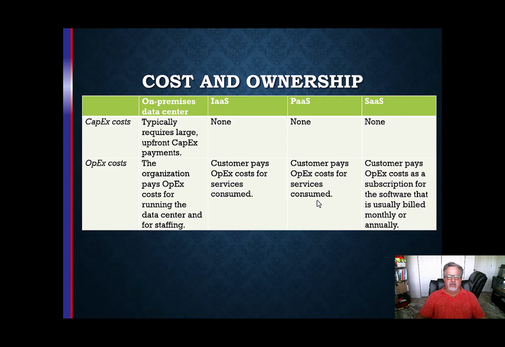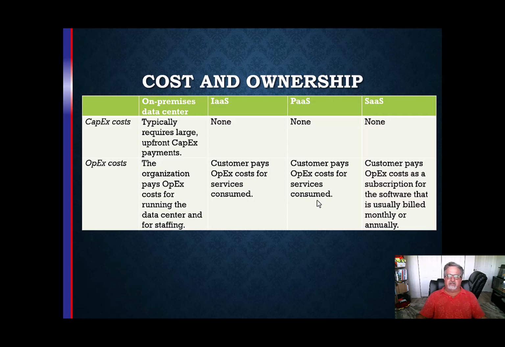Let's talk about it in terms of costs. CapEx versus operational expenses, or OpEx. So in an infrastructure as a service, and by the way, this discussion is about the customer's perspective, meaning your perspective, not the cloud service provider, but you.